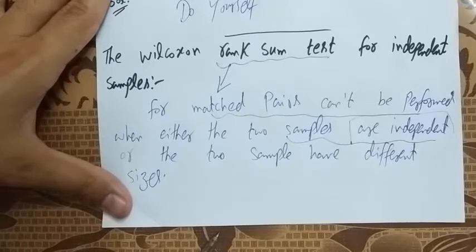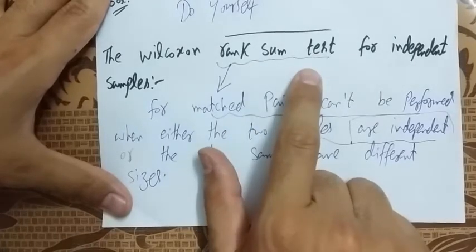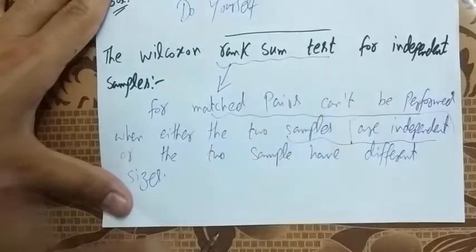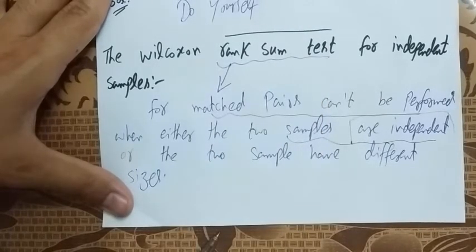Students, the null hypothesis for the Wilcoxon rank sum test is that the two samples come from identical populations, or the medians of the two populations are equal.